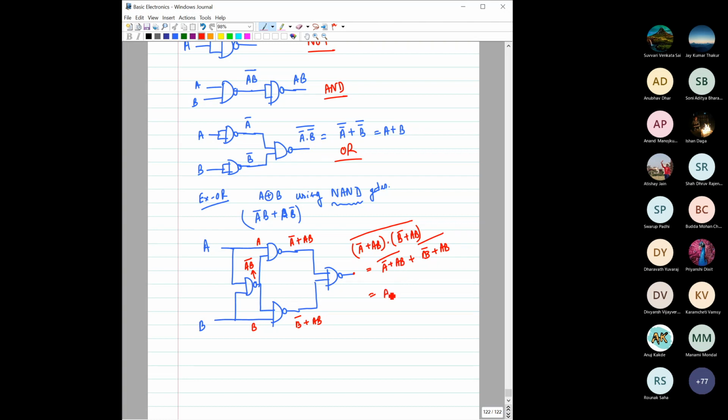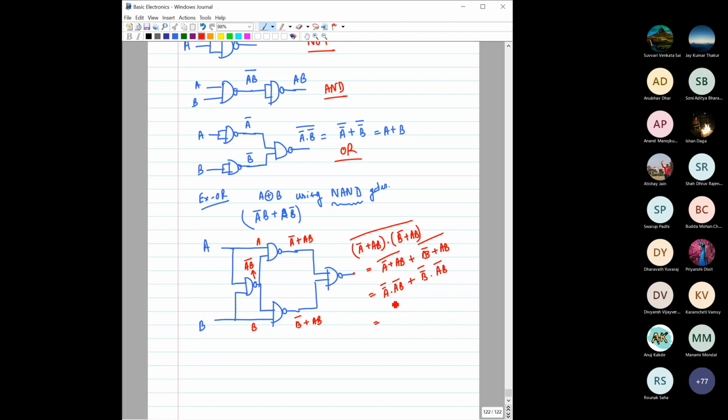So it will become A bar dot AB bar. Please check, and tell me if your calculation is different from my calculation. So here it is this AB bar. Am I correct? Yes, sir.